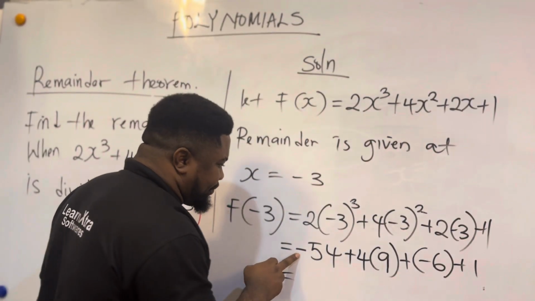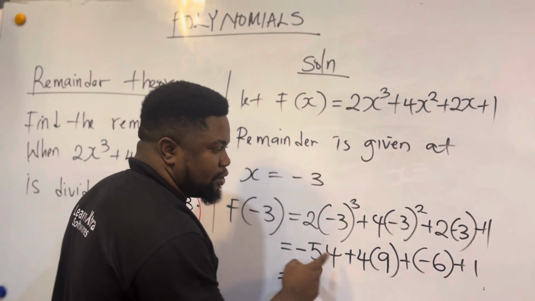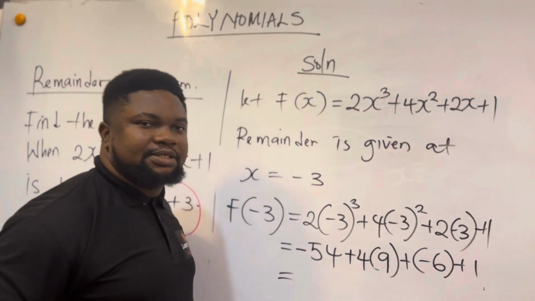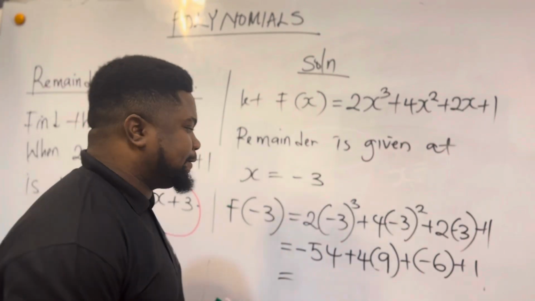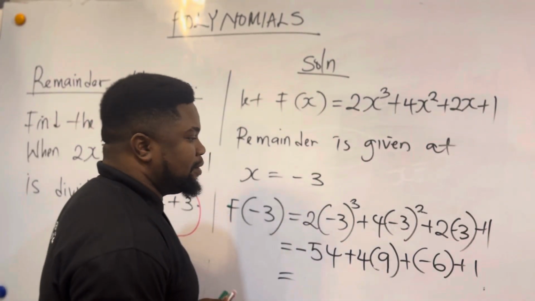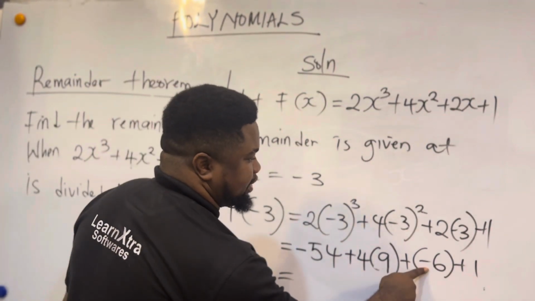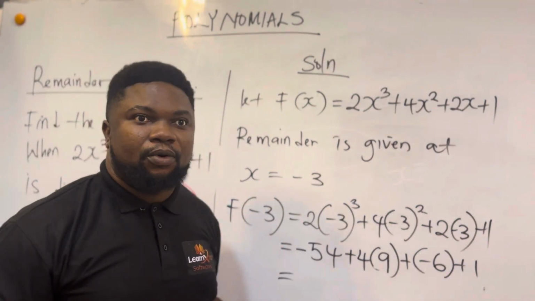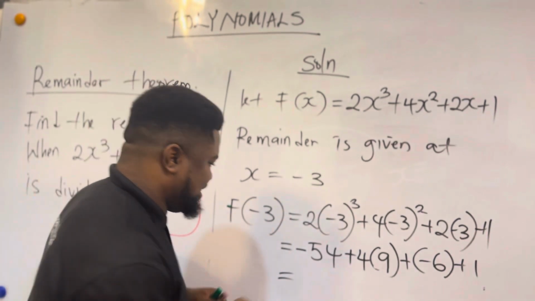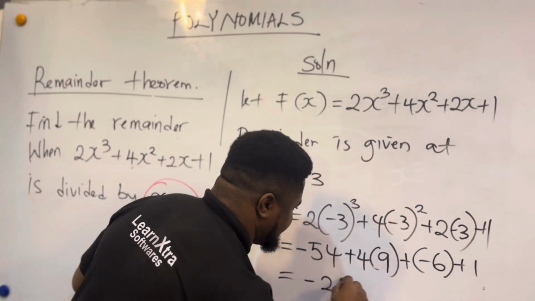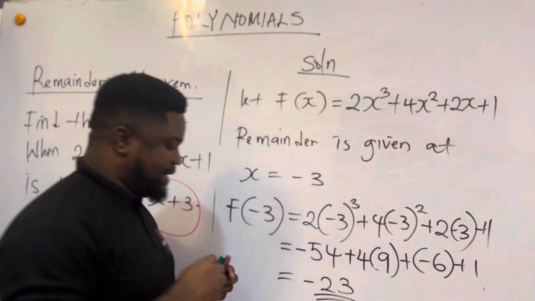So minus 54 plus 36. What's the answer? Minus 18. Minus 18 minus 6 is minus 24, plus 1 is minus 23. Minus 23. And this is my remainder.